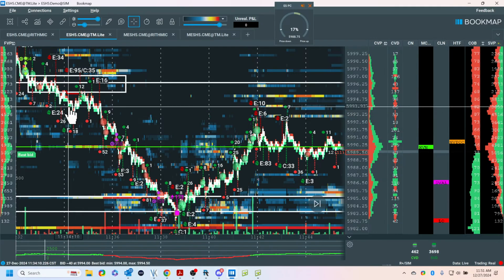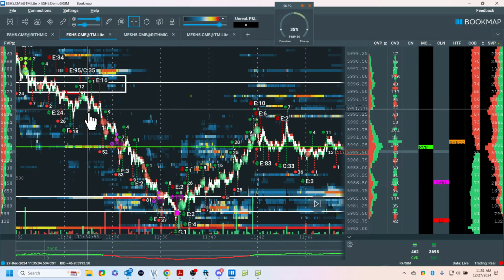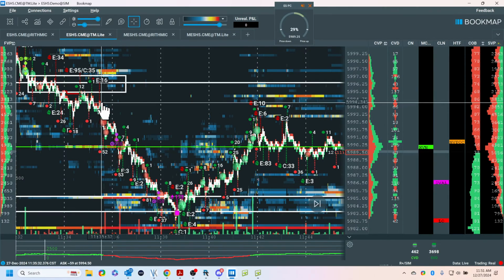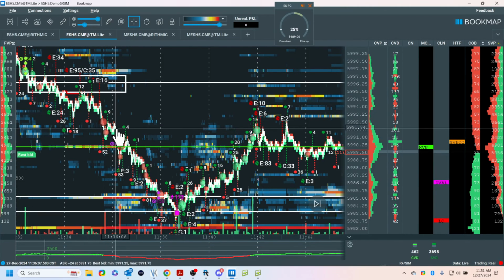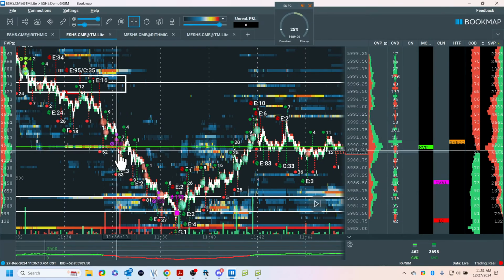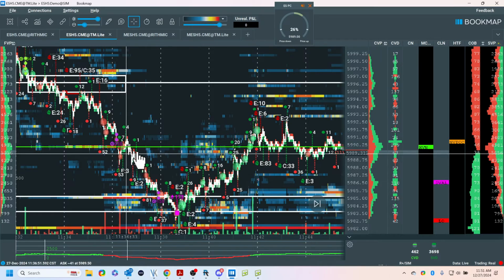Let's watch. This is a short. Micro high volume there. Break low, resistance. Break low right here. Outside edge, trigger, resistance. These are trade management opportunities if you're so inclined.